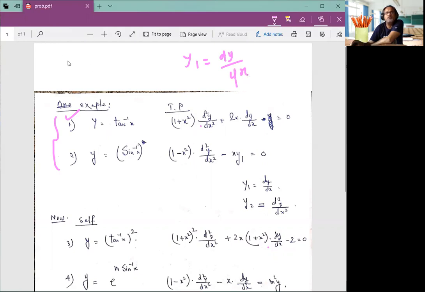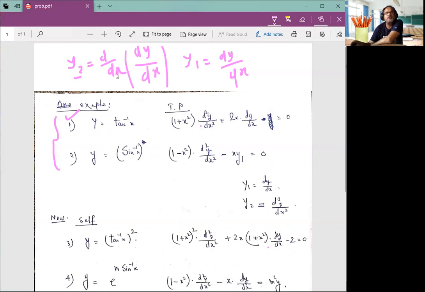And y2 is nothing but d/dx on this dy by dx. So you are operating d/dx on this first derivative y1 and you will get y2. So when you are operating d/dx on y1, you are getting y2.